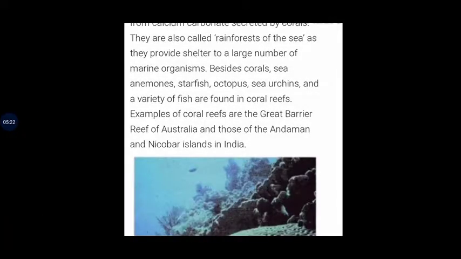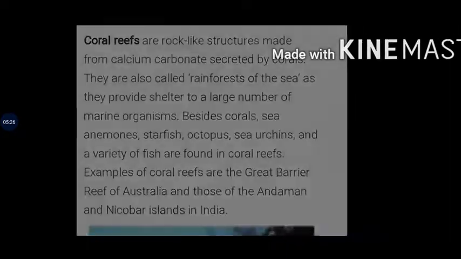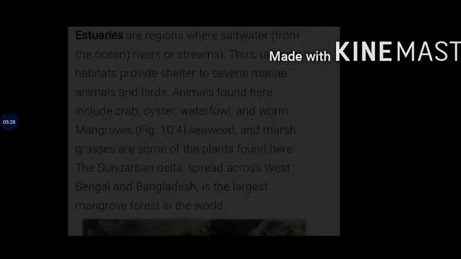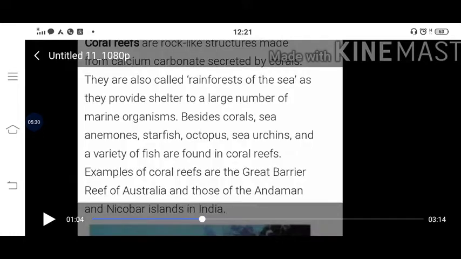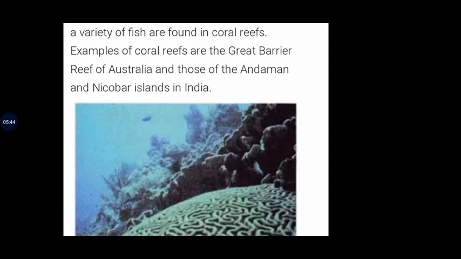Now we see the coral reefs. The coral reefs are rock-like structures seen in the ocean. They are formed by coral animals, which secrete calcium carbonate and form a wall-like structure known as coral reefs.